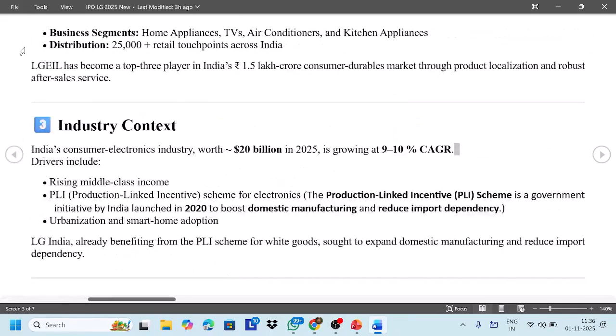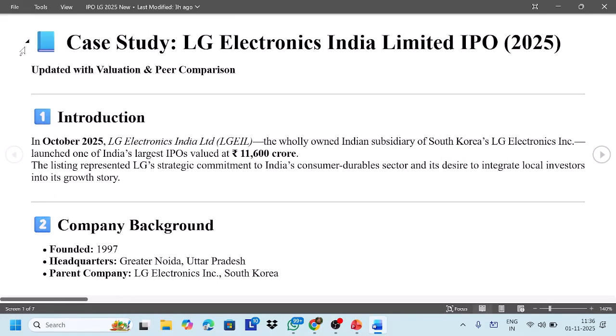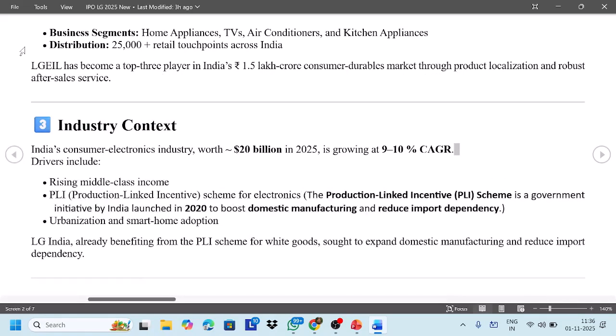Company background. Founded in 1997, headquarters at Greater Noida, Uttar Pradesh, parent company LG Electronics, South Korea.